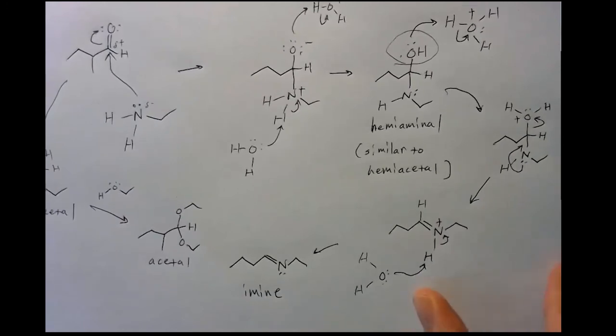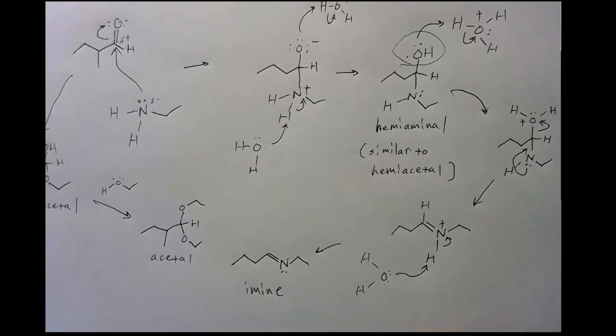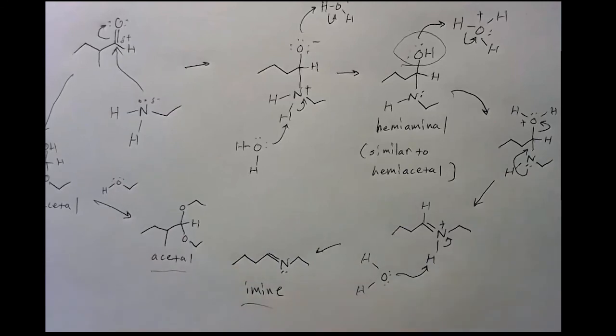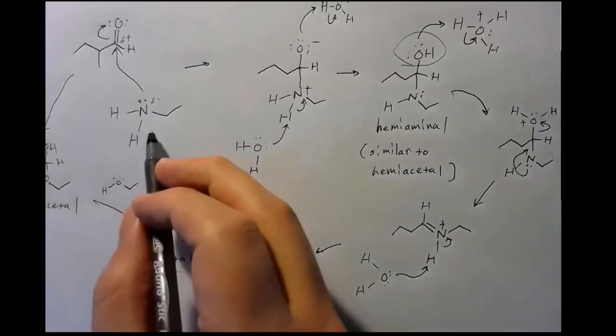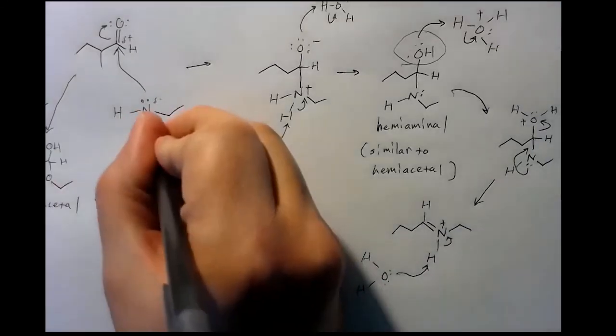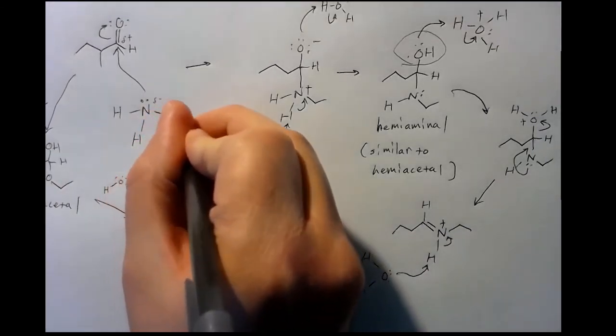So alcohols we add together to our carbonyl to eventually produce acetals or ketals. Nitrogens will produce imines, or they can also produce enamines if we have a secondary amine. So this right here that we used is a primary amine.